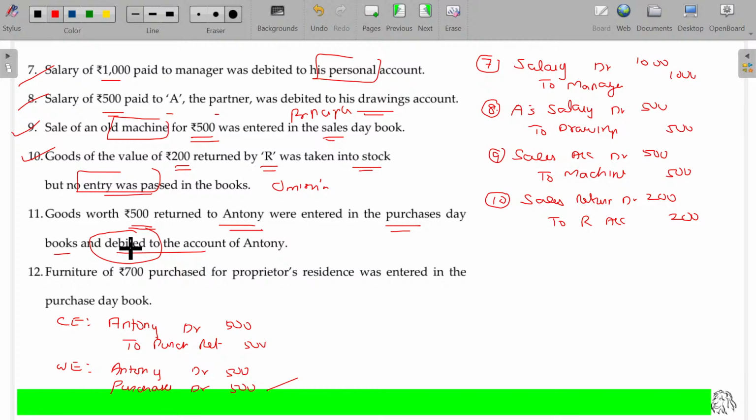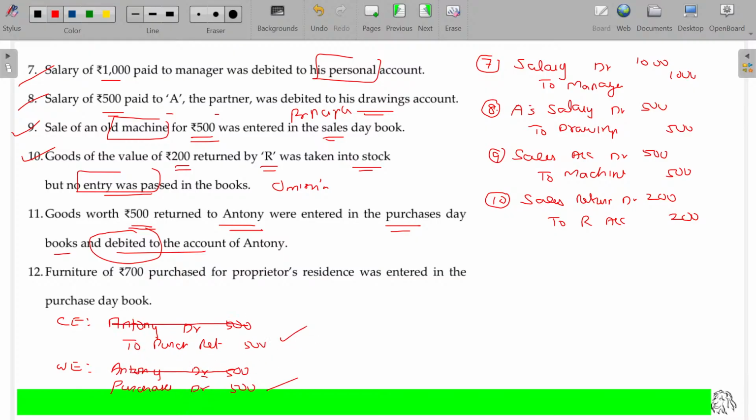The total of purchases day book is transferred to the purchases account on the debit side, no problem, that's correct. Within that, the party's name, Anthony, should be transferred to the credit side, but they have wrongly posted it in the debit side. Double error. Now this should be cancelled. Otherwise, Anthony is correct.